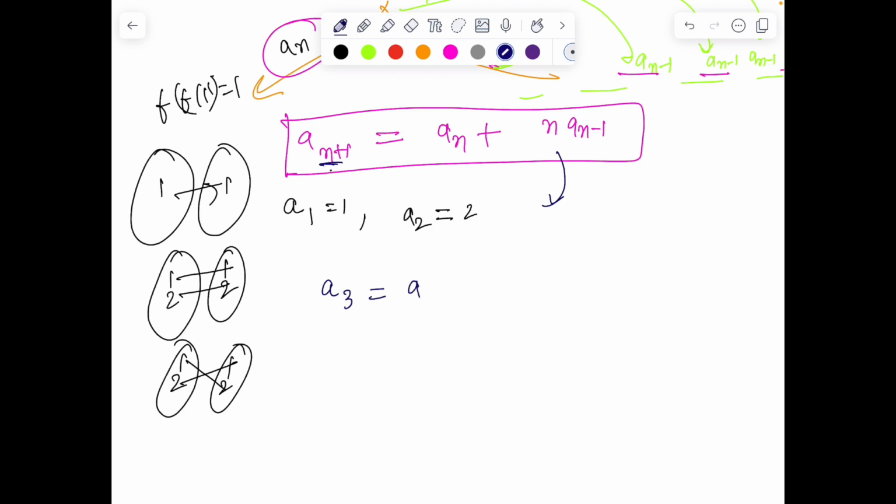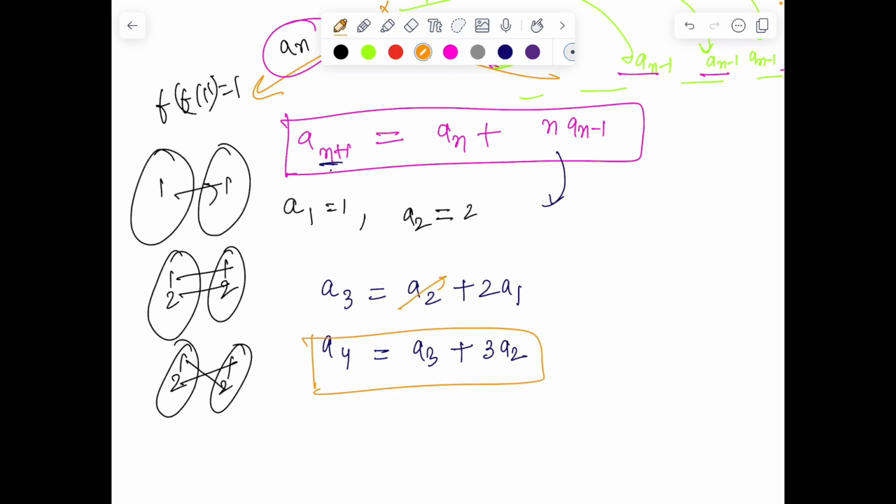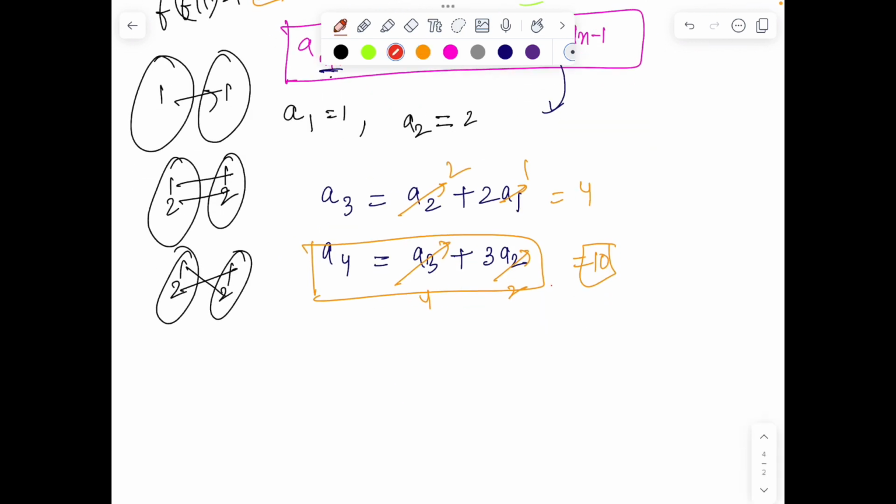So in this recurrence relation, if I keep n equals 2, I'll get a3 equals a2 plus 2 times a1. Similarly, put n equals 3, so a4 equals a3 plus 3 times a2, which gives me the answer for a4 very easily, because a2 is 2 and a1 is 1, that will give 4, with a3 4 and a2 2, we have 6 plus 4, 10.